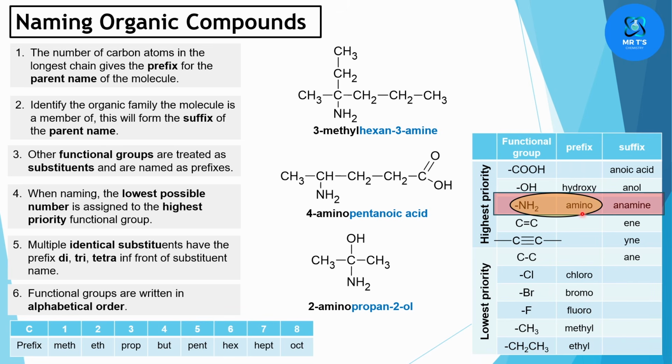Now note, even though the alcohol has a higher priority than an alkene, because the alkene doesn't have a prefix, it's always going to be written on the end of the molecule. So if we find an alkene, we're going to have to give the alcohol as a prefix instead of a suffix. And that's kind of the end of what we need to know for level 2 naming.